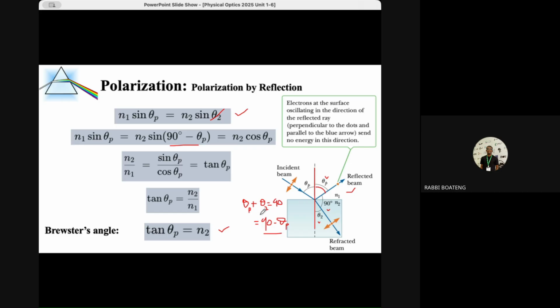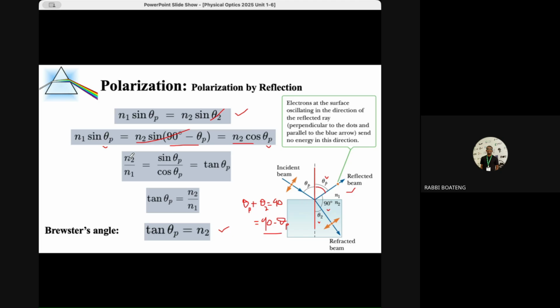Which in trig, when you open this up, you are going to get n2 cos theta p. Now, from trig we have gotten this, and we want to bring in a tan, so that we ignore the cos and the sine, because at the end of the day they all have the same angle, theta p.